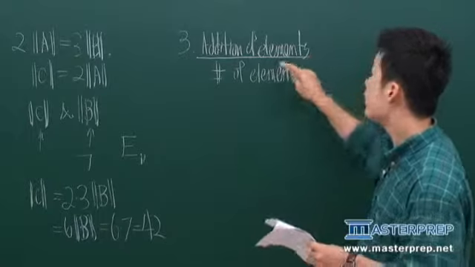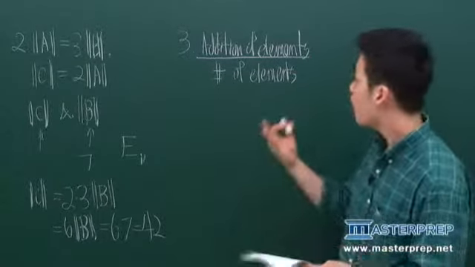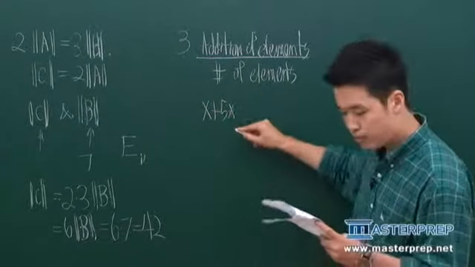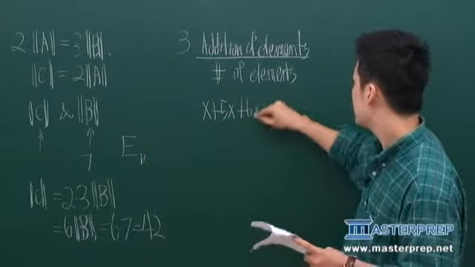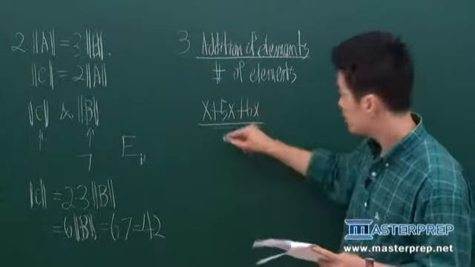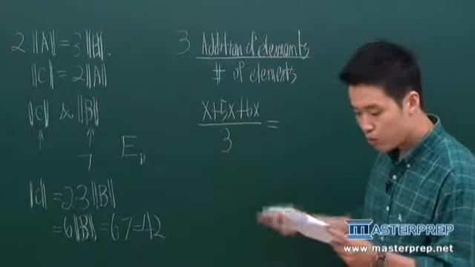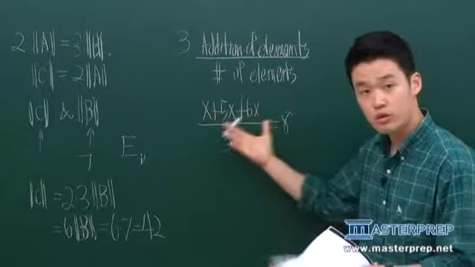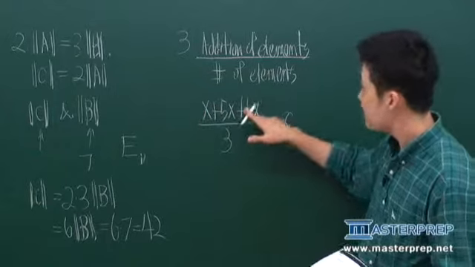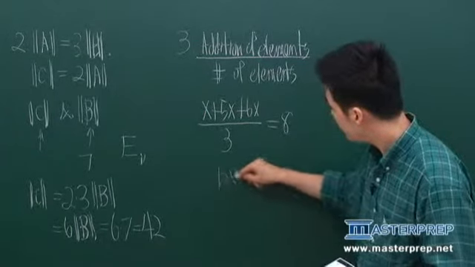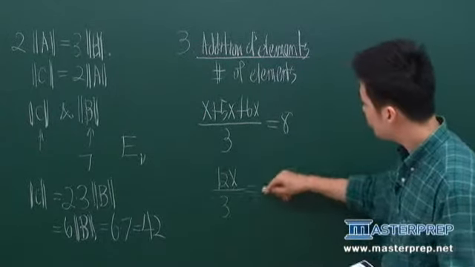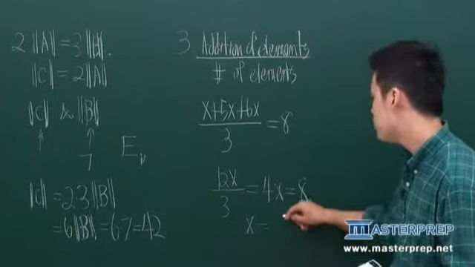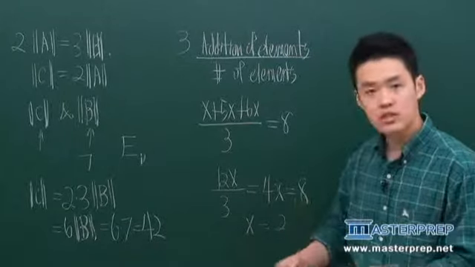In this case, we are given x plus 5x plus 6x over 3 elements, over 3, equal to 8. Now let's do some arithmetic. 6x plus 6x is equal to 12x, over 3 is equal to 4x, which is equal to 8. So x must be 2, and the answer must be B.